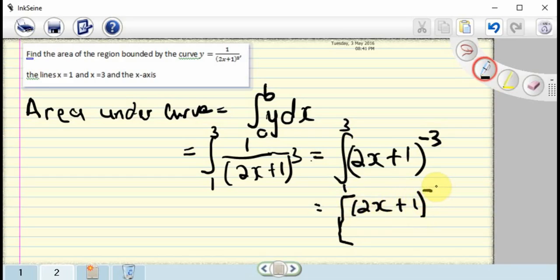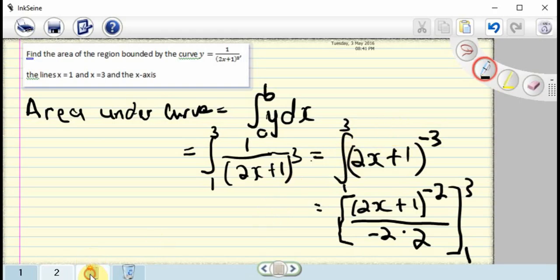So negative 3 plus 1 is negative 2, divided by that same new power, and also multiplied by 1 over the derivative of what's inside, which is 2. We have these square brackets to show the bounds. So we're going from 1 to 3.